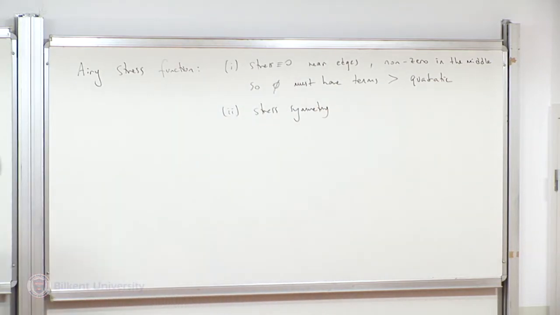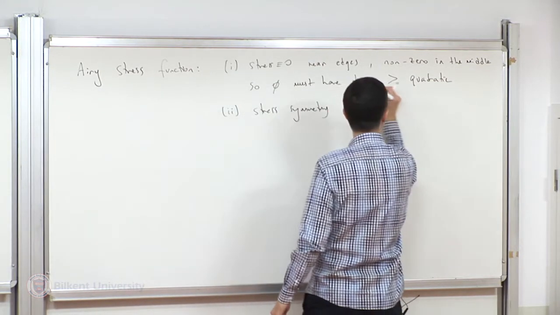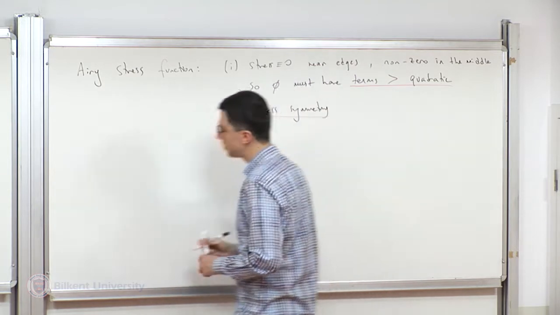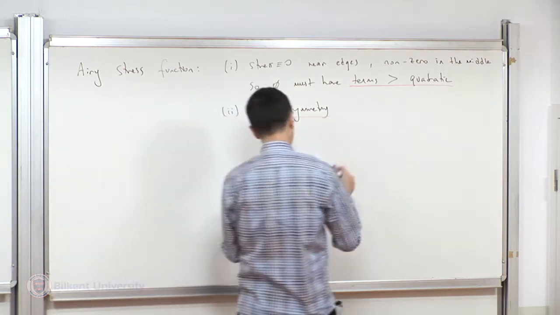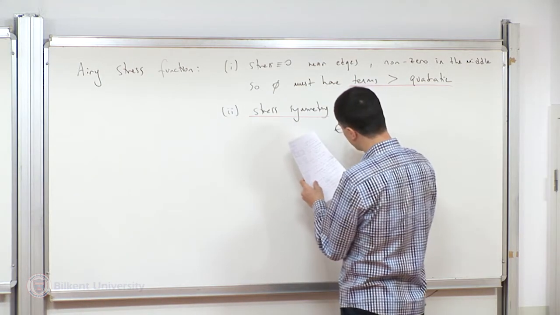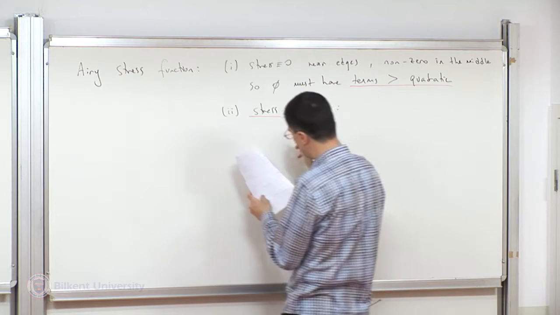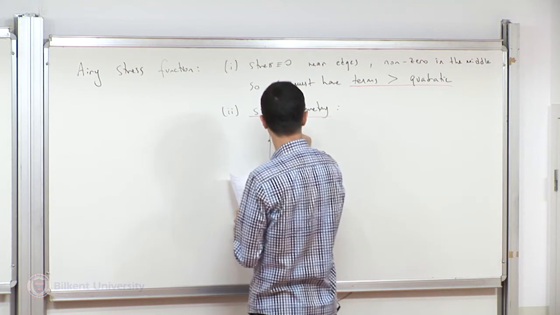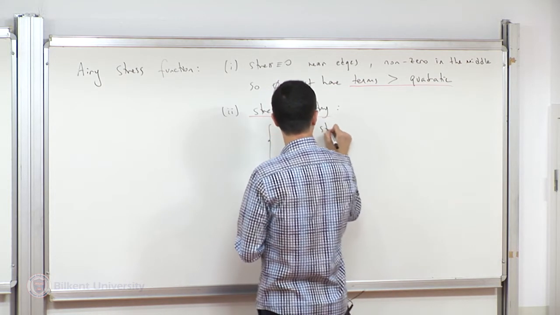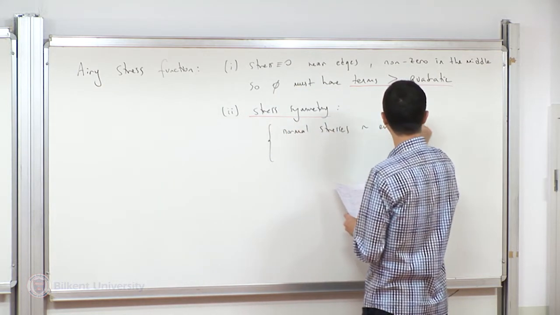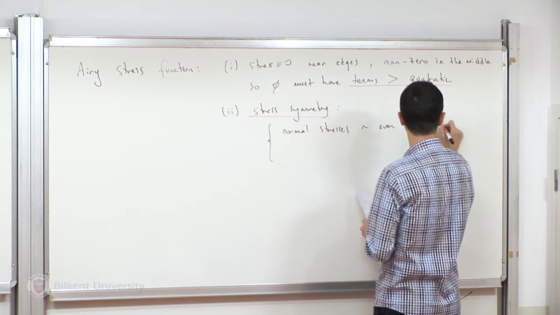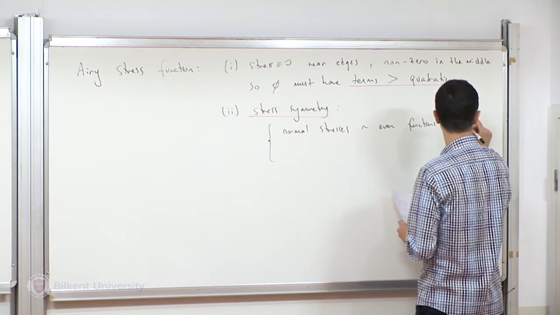So let's highlight these two important observations. The first one is that I must have at least cubic terms. And the second one is symmetry. So, for instance, normal stresses are even functions of coordinates.